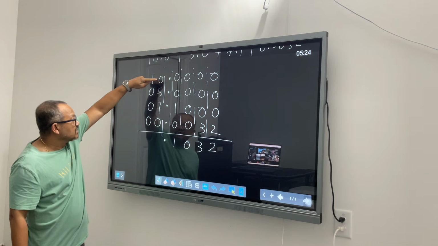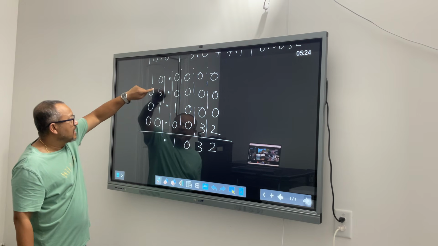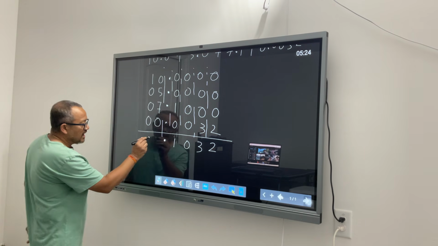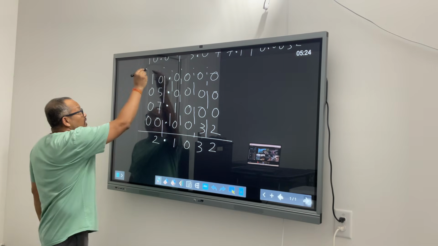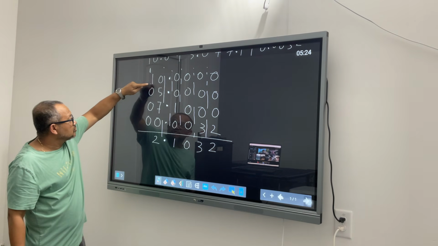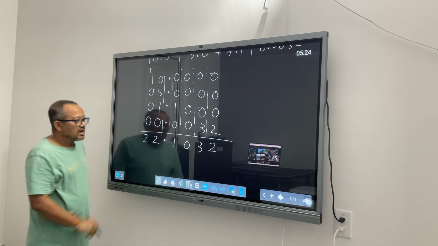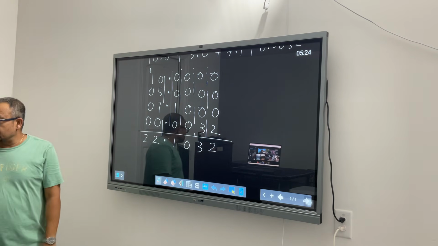Add these numbers. 0 plus 0 is 0, plus 5 is 5, 5 plus 7 is 12. I will write a 2 here, 1 gets carried forward. 1 plus 1, 2, plus 0 plus 0 plus 0, that is all 2. 22.1032.